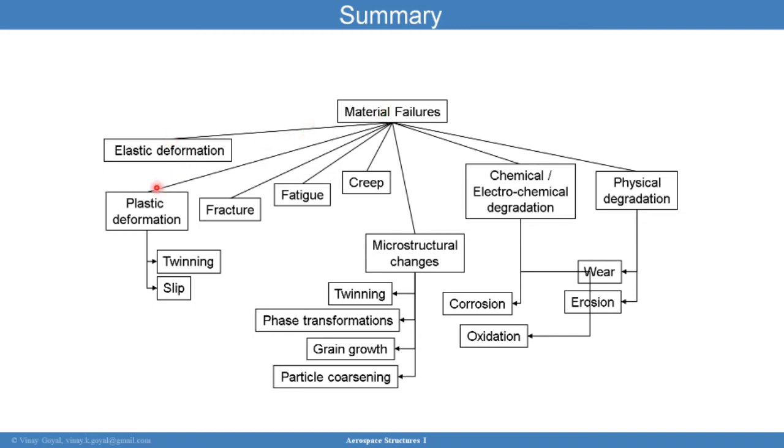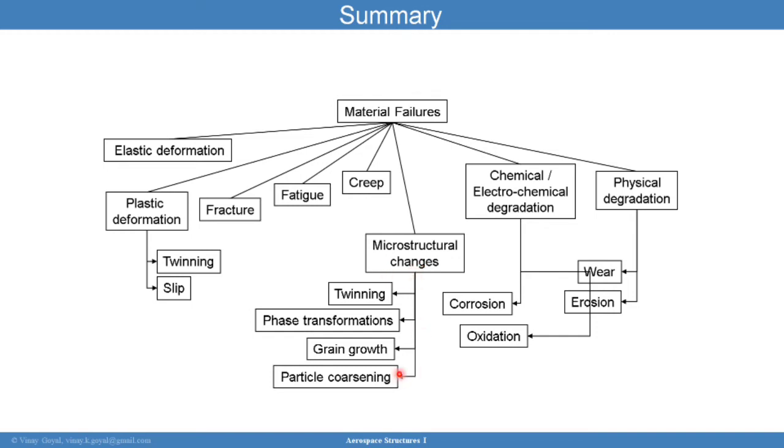Plastic deformation is another failure mechanism, and with repetitive loading, you can get fatigue failure and fractures when you have a flaw that could initiate and propagate. Creep is when you have sustained loading conditions, and then you could also have situations where you have microstructural changes.